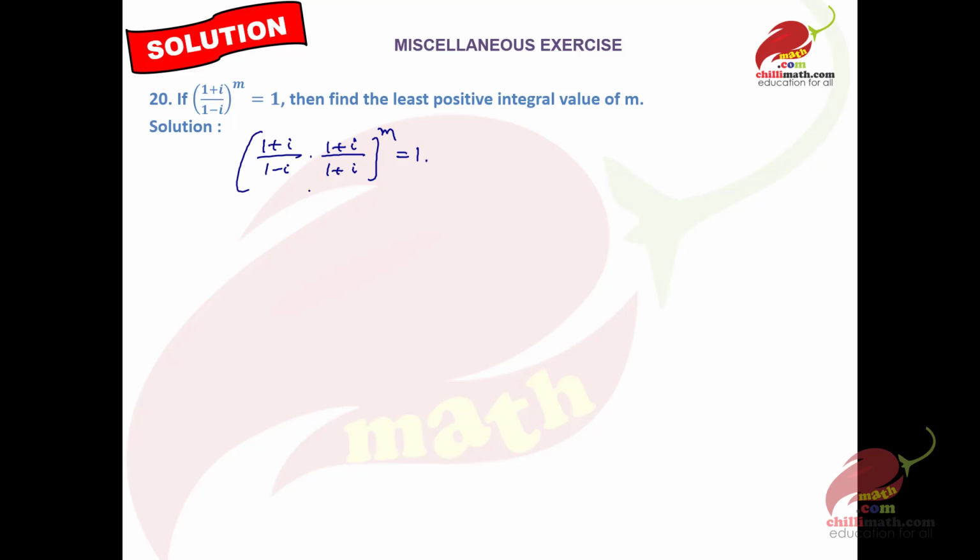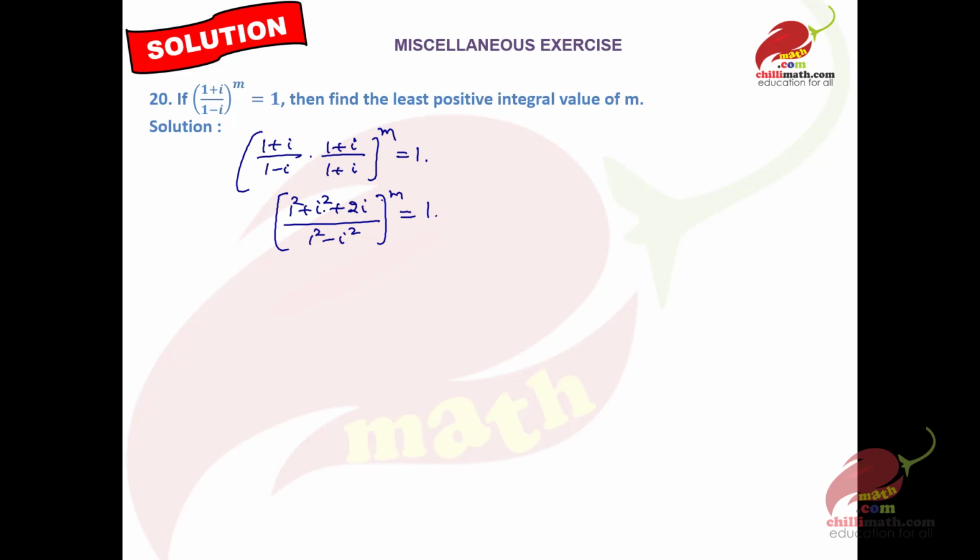This is (a plus b) whole square, that is a square plus b square plus 2ab, over (a minus b) into (a plus b) is a square minus b square. Power m is equal to 1.